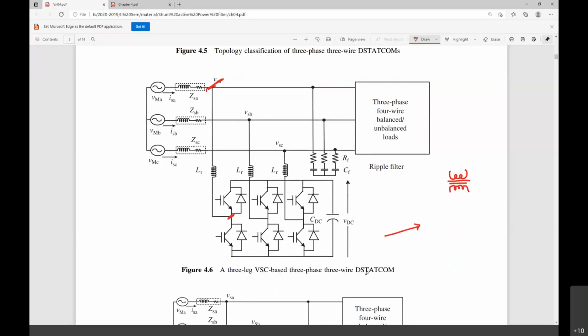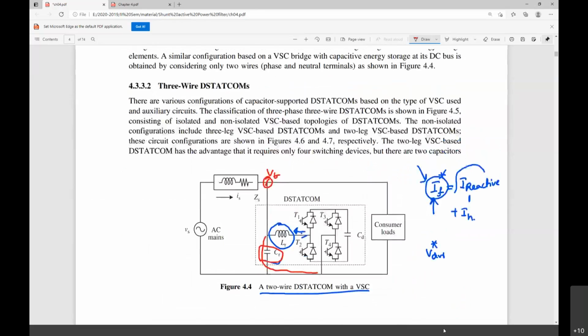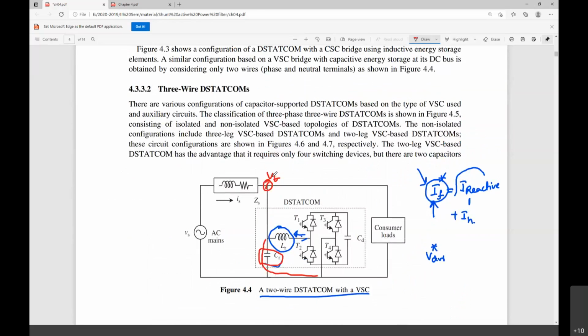In a single-phase system we have seen that this particular CF is used to filter out the harmonics and switching frequency components. The current injected by the D-STATCOM, the filter current, apart from the reactive component and the harmonics, will also have ISW components, the switching frequency currents.